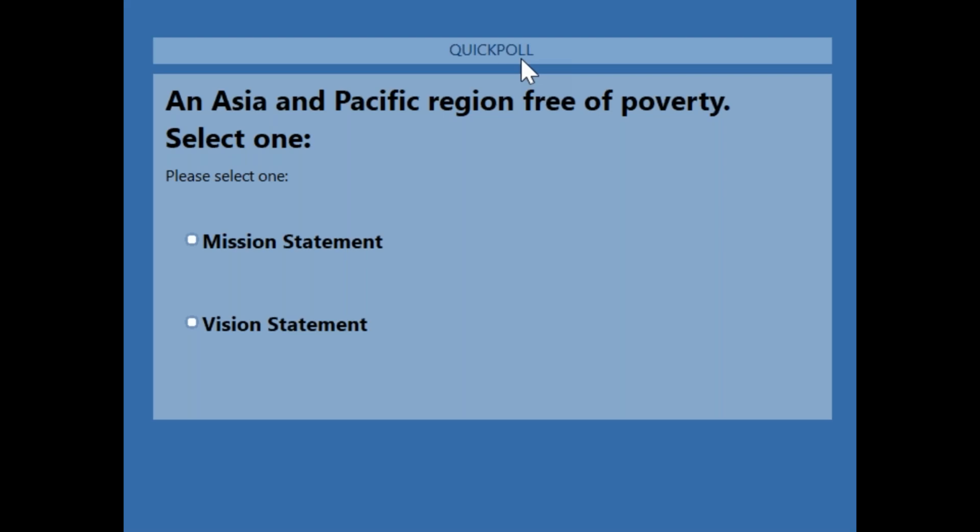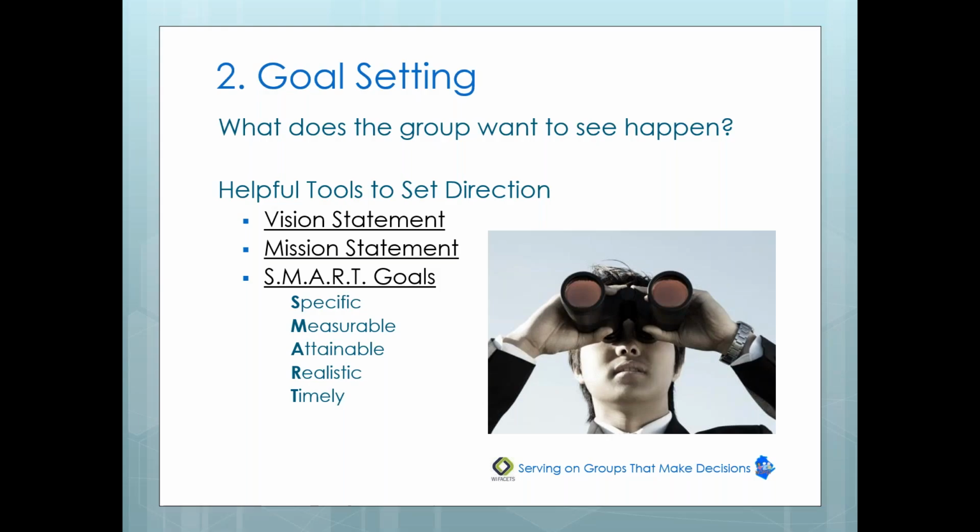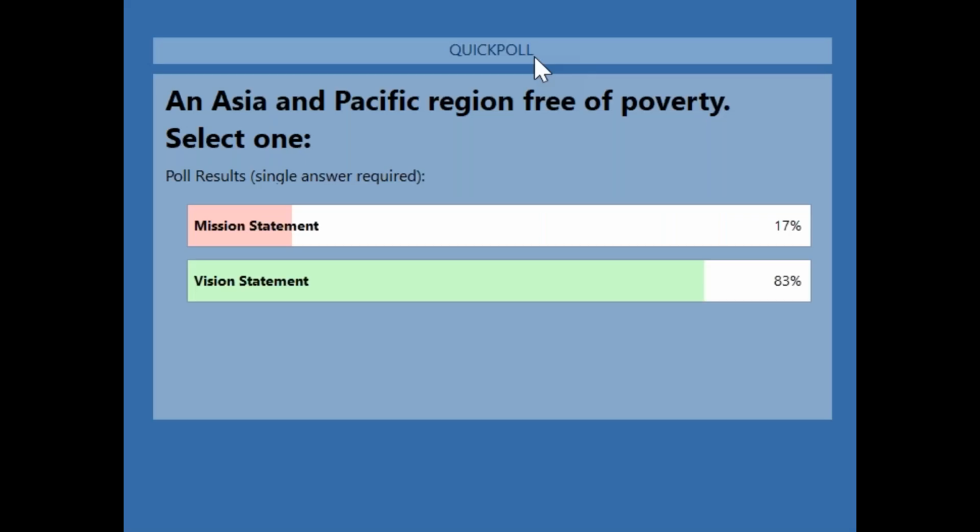Just going to leave it open a minute. All right, most of you voted, so I'm going to close that up, share it out, and most of you said vision statement, which is what it is. The top of the mountain is the region free of poverty, and the end game is that, this is what the end game the group envisions for the future.